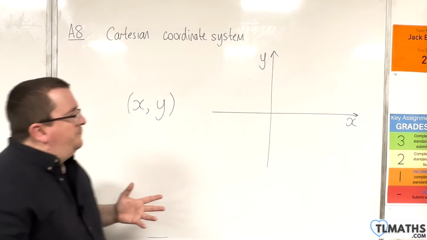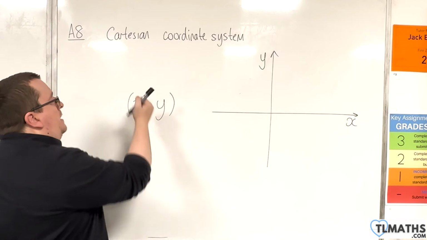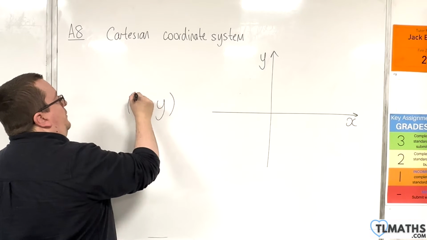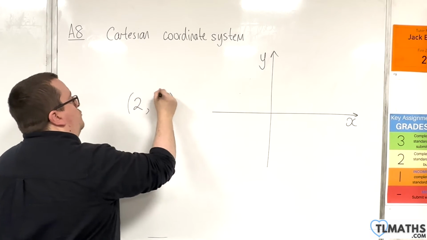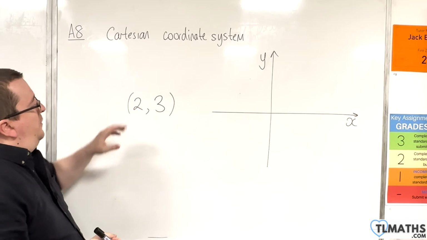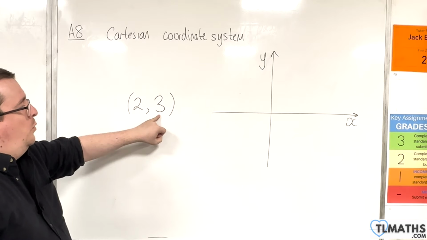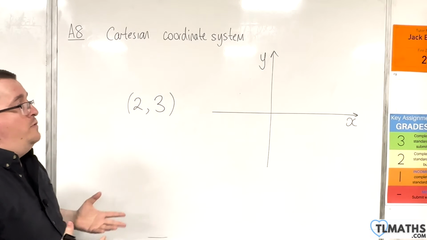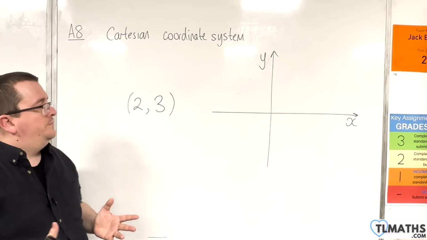Okay, so let's say we have the point 2, 3. Okay, so the coordinates 2, 3. So the x-coordinate is 2, the y-coordinate is 3. Where is that on the grid?